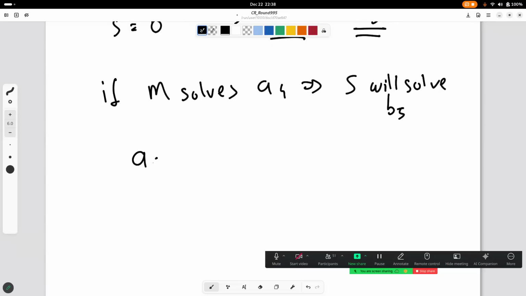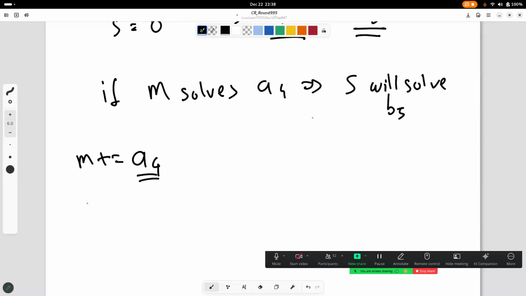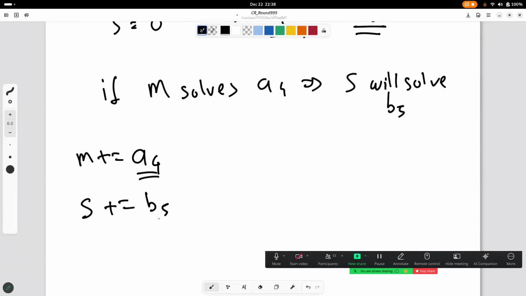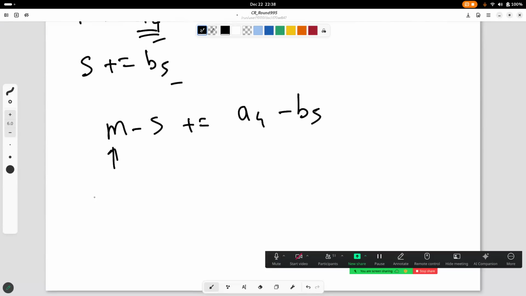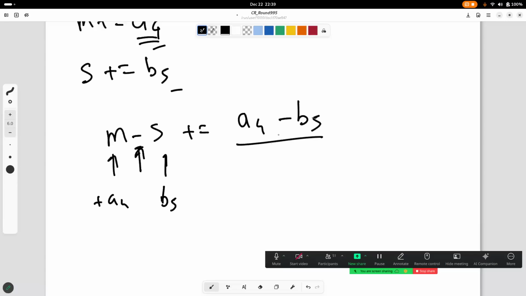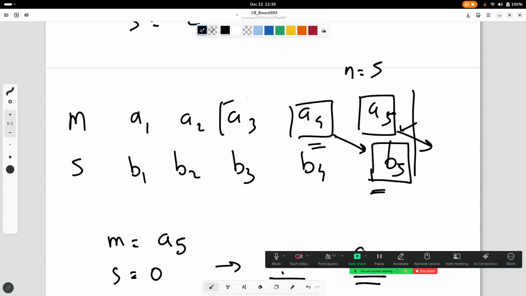Well, A4 is going to be added to M and B5 is going to be added to S. Now, if you look at the difference M minus S, this is like adding A4 and subtracting B5. Since there's a subtraction sign, this overall operation would be like adding A4 minus B5 to the overall difference. And you can just quickly see that all of these problems are independent.